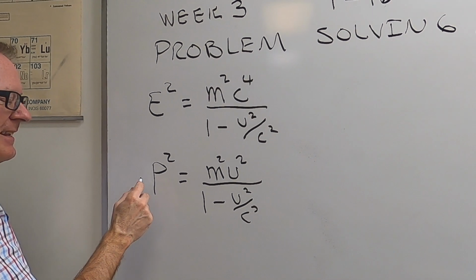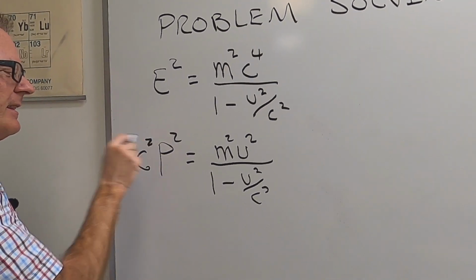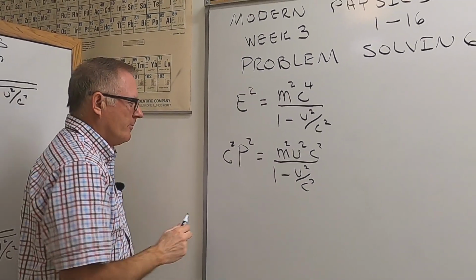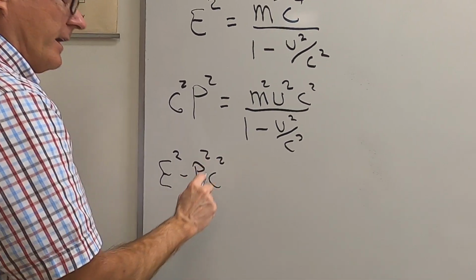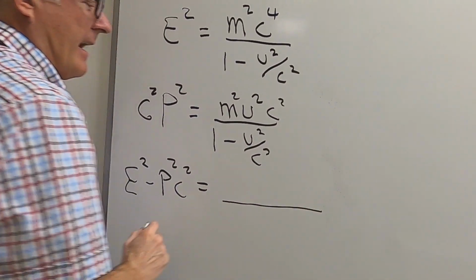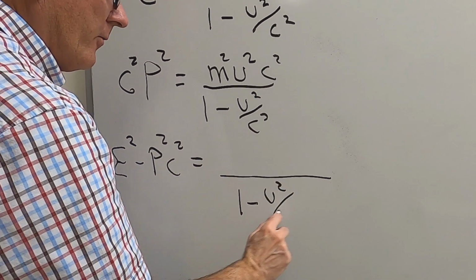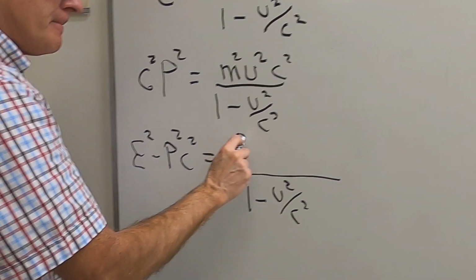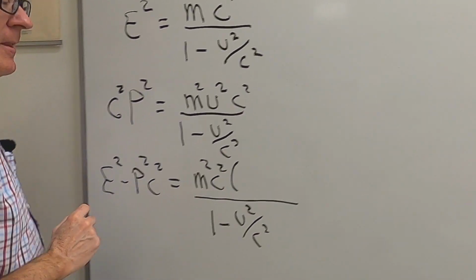And suppose I were to take this term and multiply it by c squared, both sides. So we multiply this side by c squared and now just subtract these two. We get E squared minus p squared c squared, which is this minus this. Well, if we factor out the common denominator, 1 minus u squared over c squared, and if I factor out the m squared c squared, then what's left?